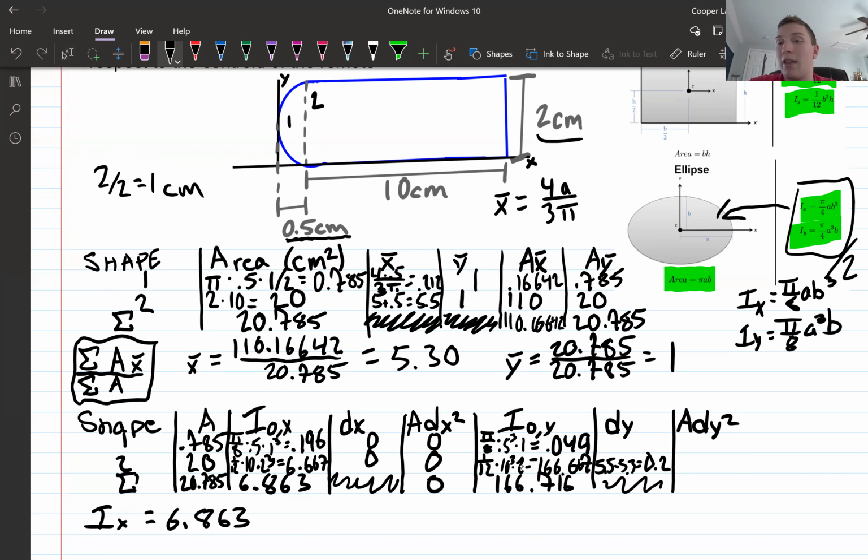Now I'm going to do the same thing for my ellipsoid. Because it's always going to be positive, my dx or dy will always be positive, so it doesn't matter which way I subtract them. This time, because I know 5.3 is larger, I'm going to do 5.3 minus our value of 0.212.